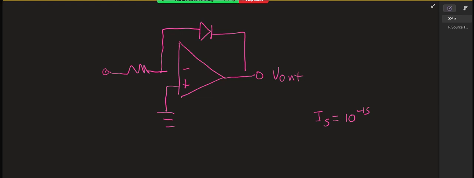Okay, all right, so let's say we've got this op amp, and we've got a diode, and we have V in, and we have V out. The first thing that I want to do is to find an expression for V out in terms of our resistor and using the diode properties. Now you do have a formula sheet, and your formula sheet has the exponential model for a diode.